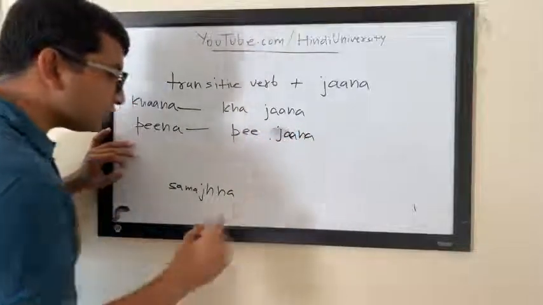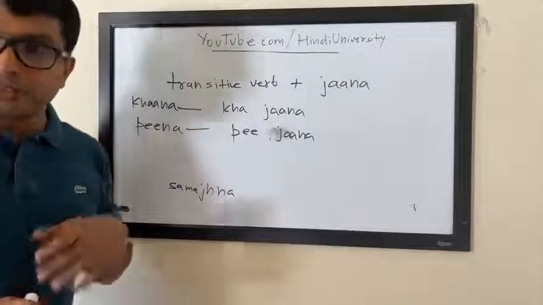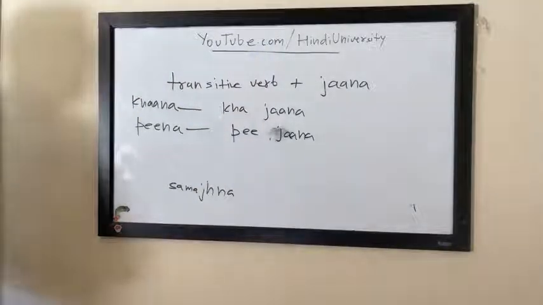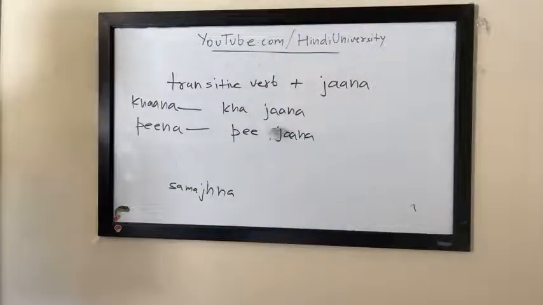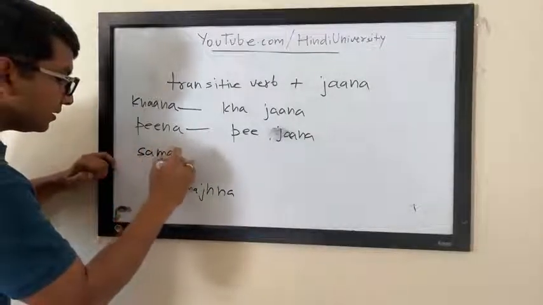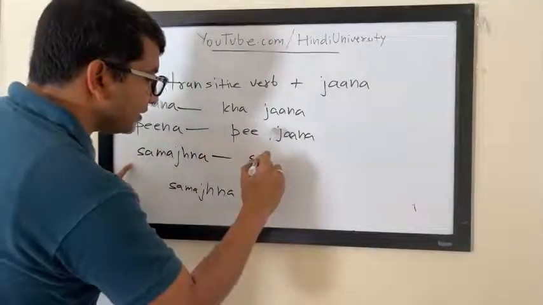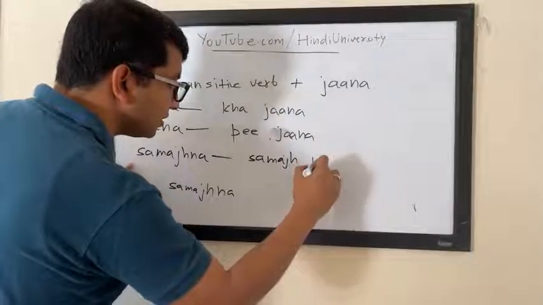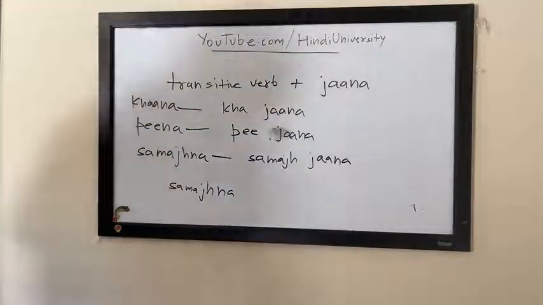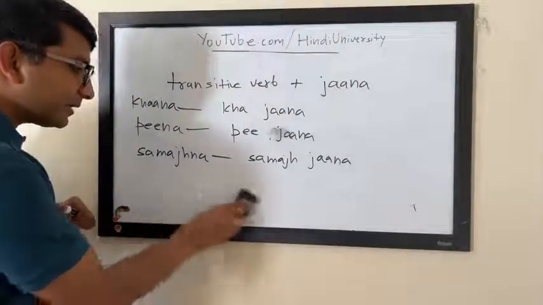He was so thirsty that he finished it. वह इतना प्यासा था कि वह सारा पानी पी गया, in the past. Similarly, samajhna, if you were to use jana with it, you will say samajh jana. Okay.